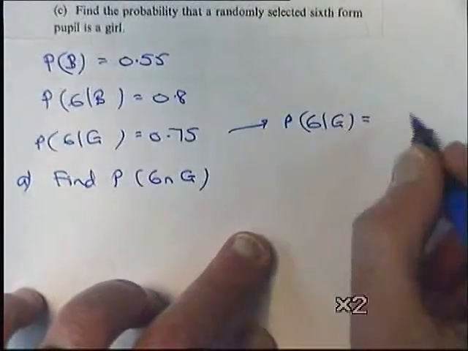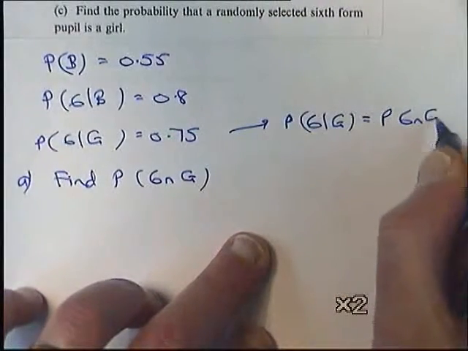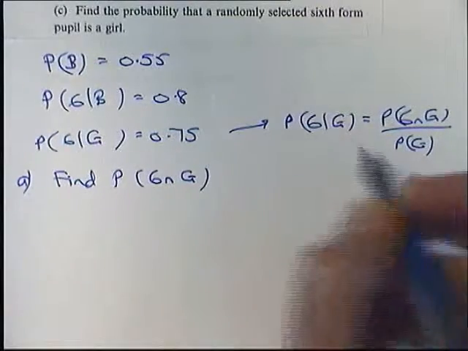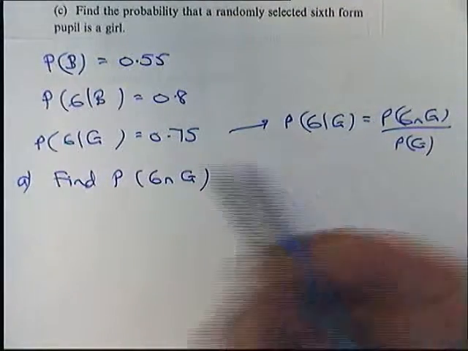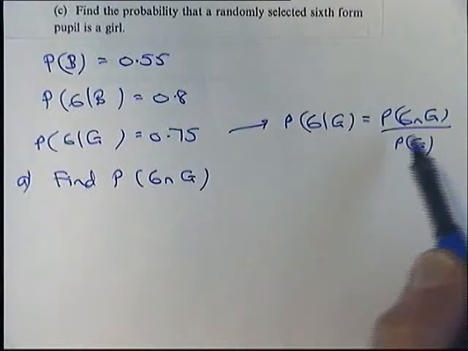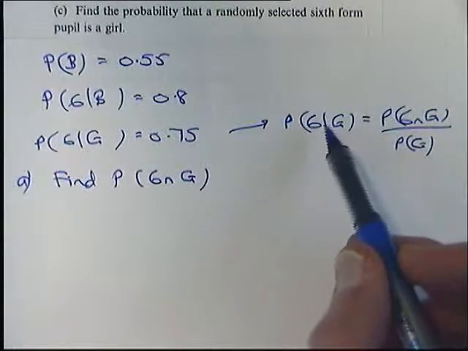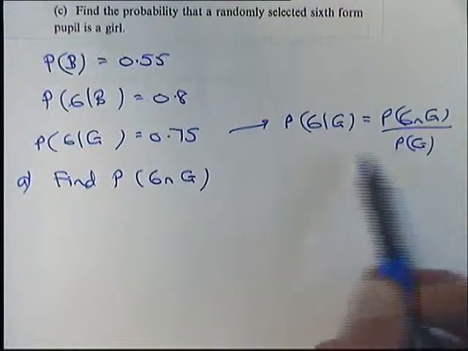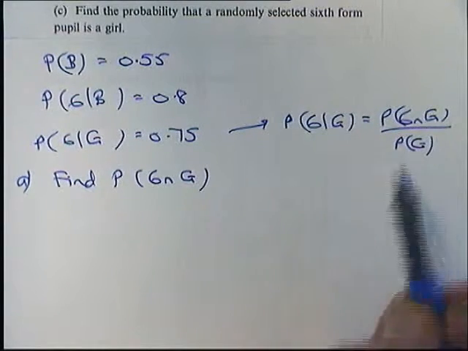The probability of 6 intersect G over the probability of G. Yeah, that's right. Any conditional probability that you're given in the question, I would rewrite, first of all, the formula. It's always two things, intersection on the top, and the one after the vertical bar on the bottom.